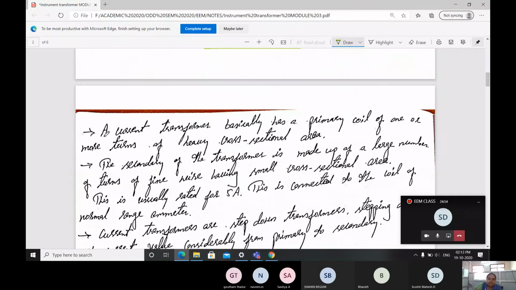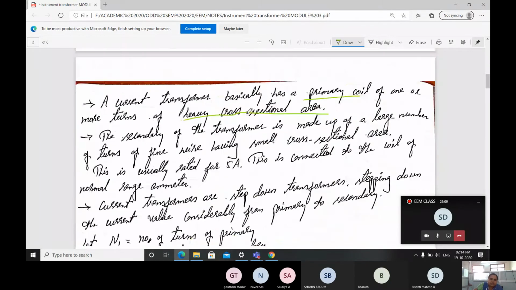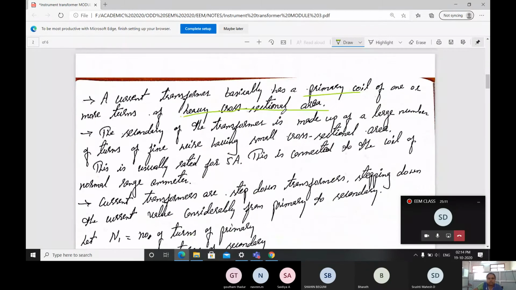Then a current transformer basically has a primary coil of one or more turns of heavy cross sectional area. The primary winding, or primary coil, has one or more turns, and the cross sectional area is heavy.